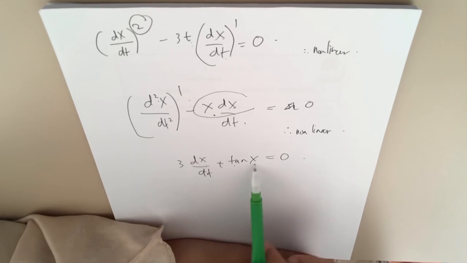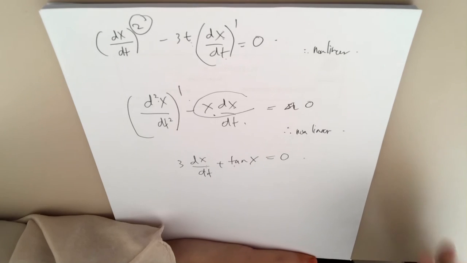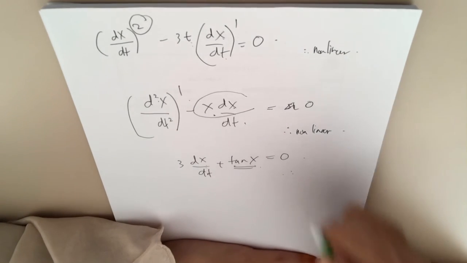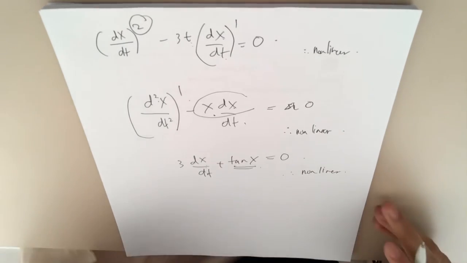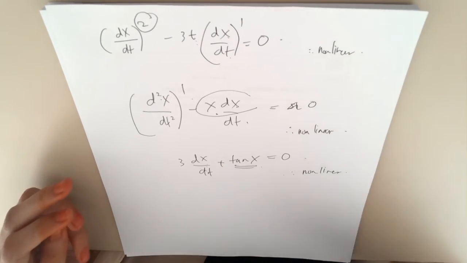Now we proceed to the second term. The second term is tangent x. Tangent x is a non-linear function. Tangent x, sin x, cos x, exponential, that one is a non-linear function. And because of this one means that this equation is non-linear. So here is the example of a non-linear.